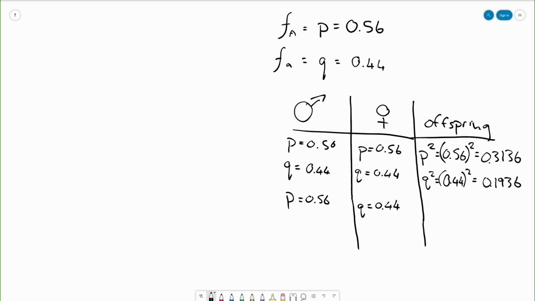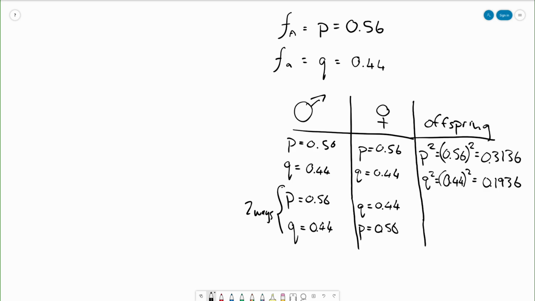But the other way is if the male gamete carried the little a allele, which occurs with probability 0.44, and the female gamete carried the big A allele, which occurs with probability 0.56. So indeed, there are two ways to form a heterozygote.